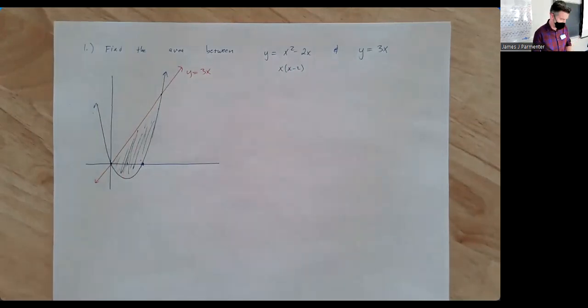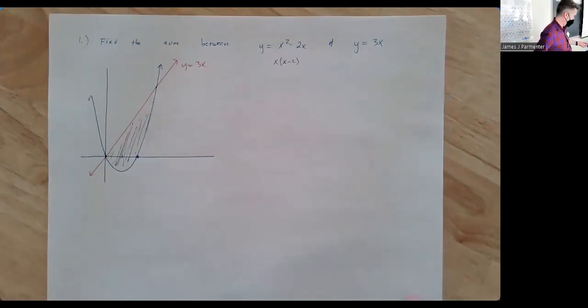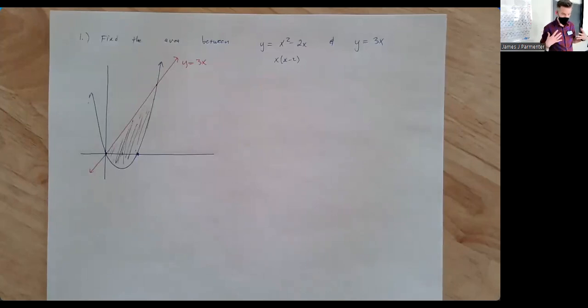So here's the idea when you're finding any area, really. You're going to take the region that you're looking at and draw a strip. And it might be a vertical strip or it might be a horizontal strip. And which kind of strip you decide to draw depends on what the shape looks like.